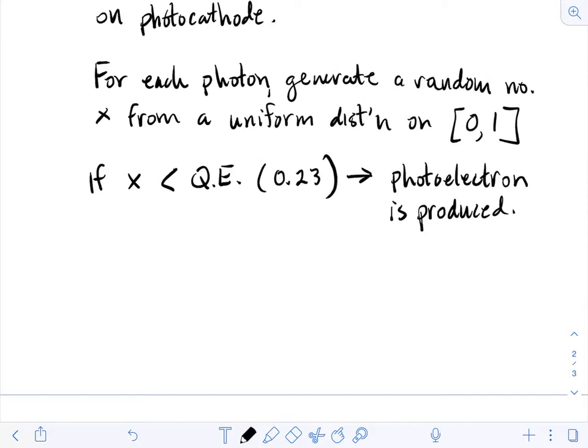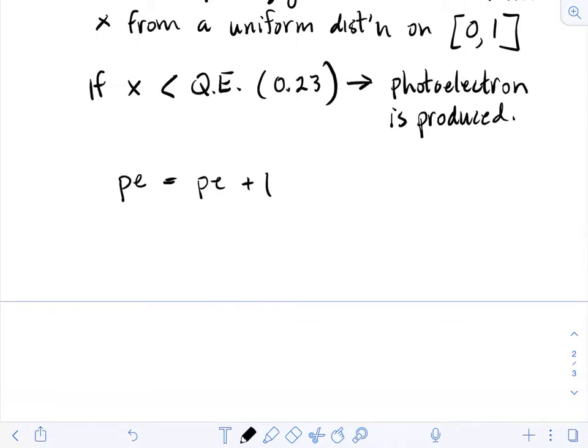And what we would do is we would say, okay, let's start with 0 photoelectrons, and then if we have an x that's less than the quantum efficiency, then we say the number of photoelectrons is incremented by 1. And we'll put this inside of a loop. And so if the number of incoming photons is 8, our loop will run from 1 to 8, and we could get anywhere from 0 to 8 photoelectrons produced.